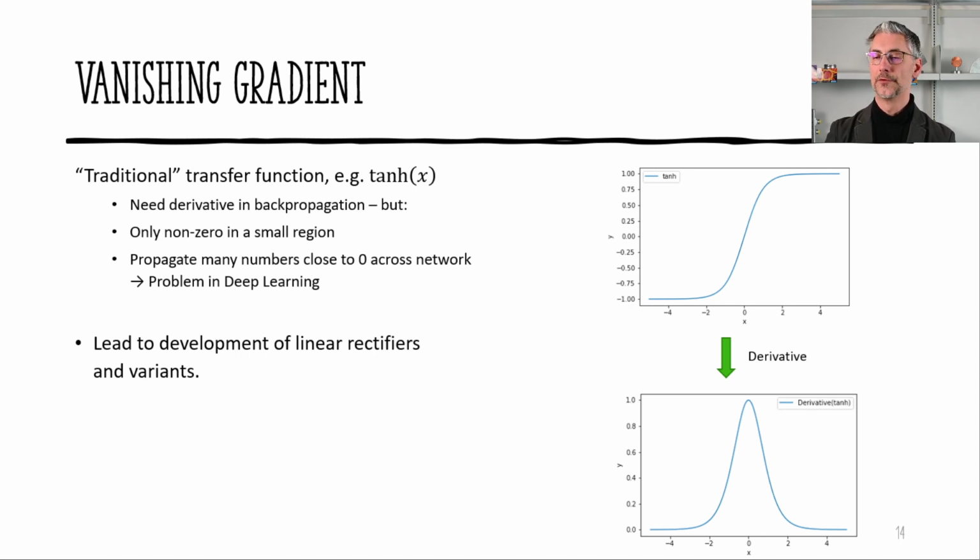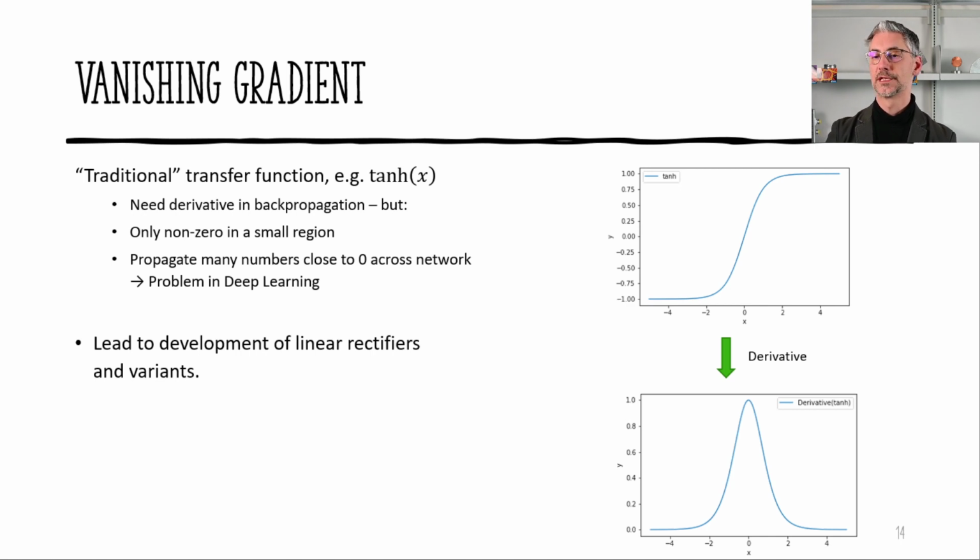There are some obvious problems with this that we need to address when we train neural networks, and one of them is the vanishing gradient problem. In the traditional networks of maybe 20 years ago, the traditional transfer function was the tangent hyperbolicus, and we can calculate the derivative analytically.